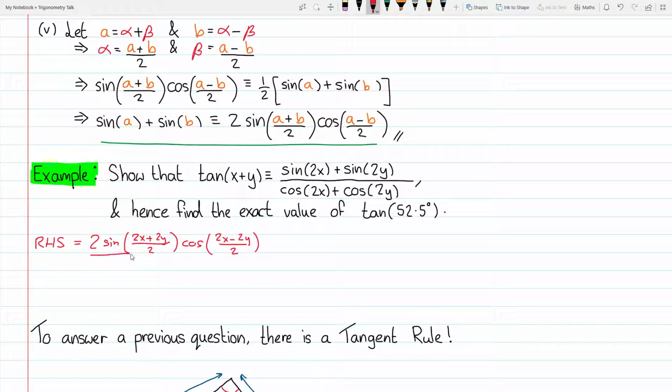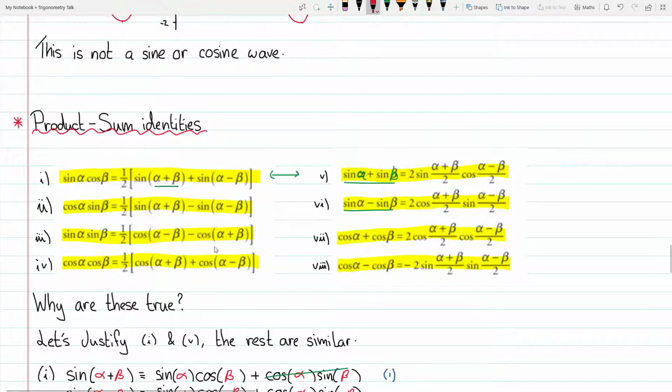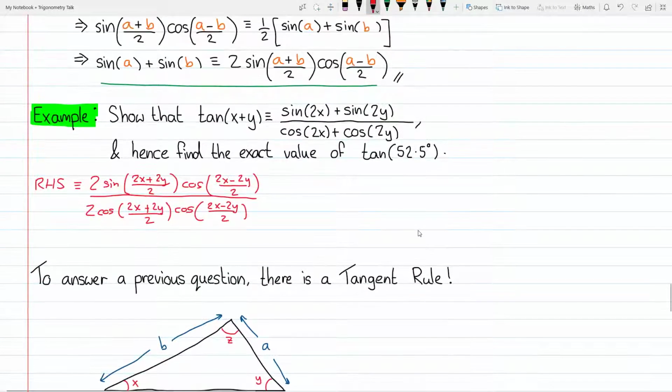And we have a similar formula for the denominator. Again, it's 2 cosine of (2x plus 2y) divided by 2, multiplied by cos of (2x minus 2y) divided by 2. And the way I get this identity is simply by applying these formulas, specifically these two up here, to the situation. Well, we can simplify, right?